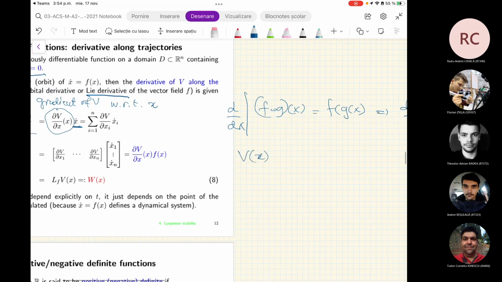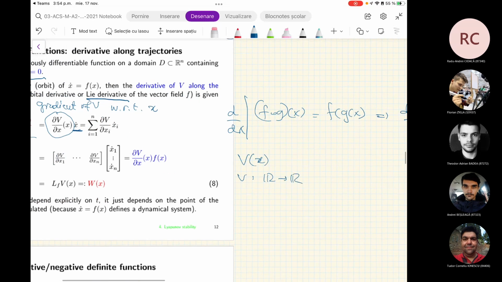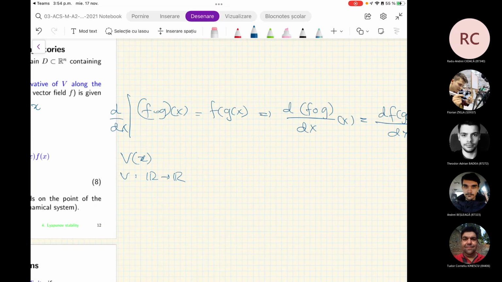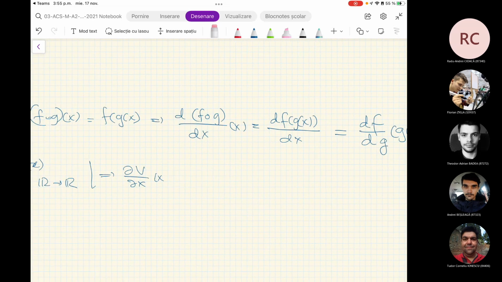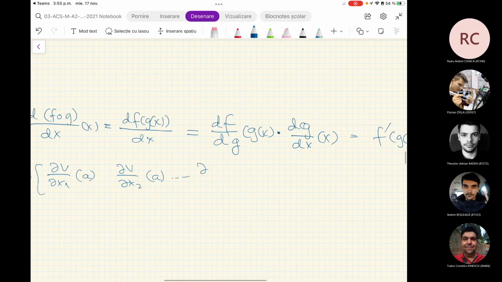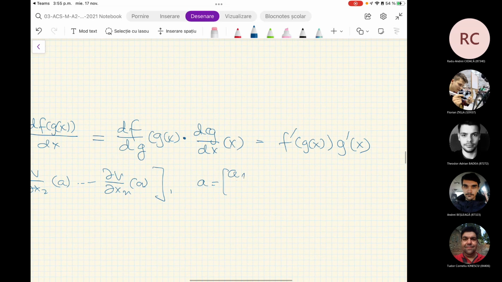If you have V defined on Rn to R, differentiable, smooth, then the gradient dV/dx at any point a is dV/dx1 at a, dV/dx2 at a, up to dV/dxn at a, where a is (a1, up to an), a point in Rn.